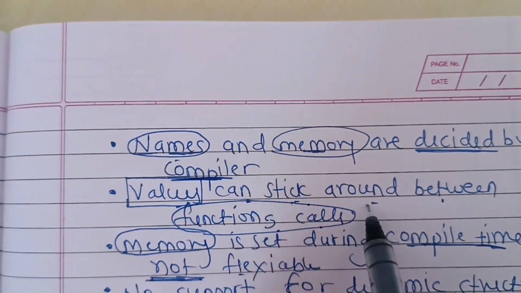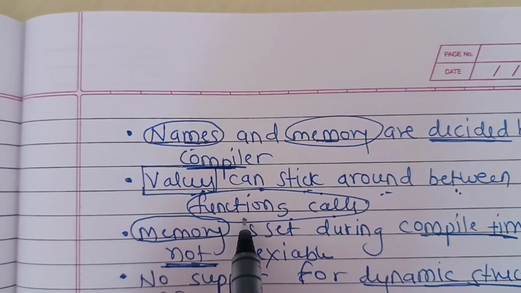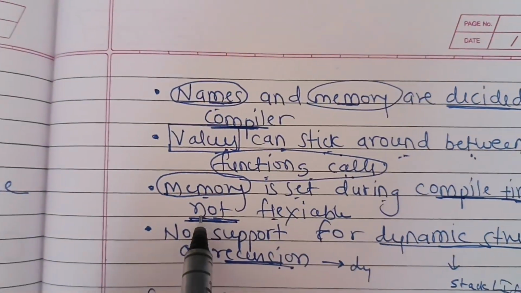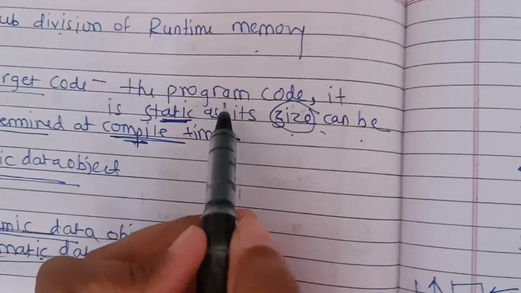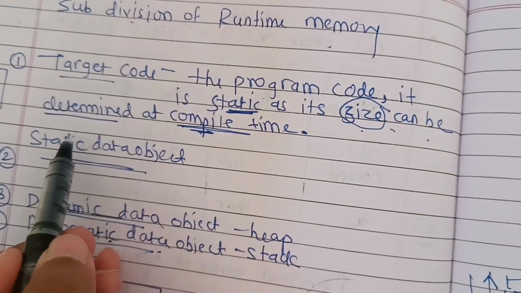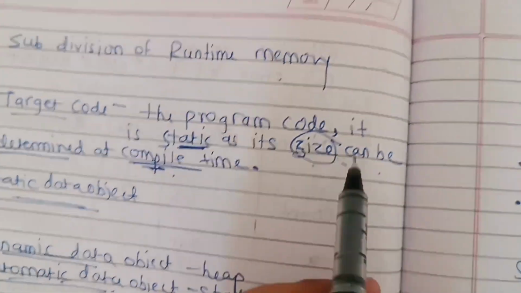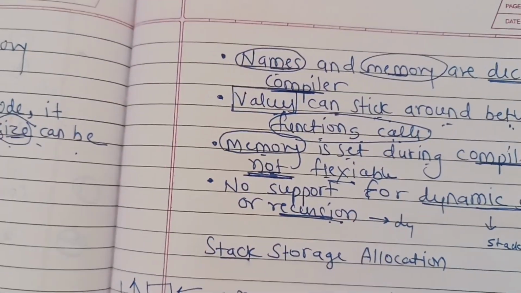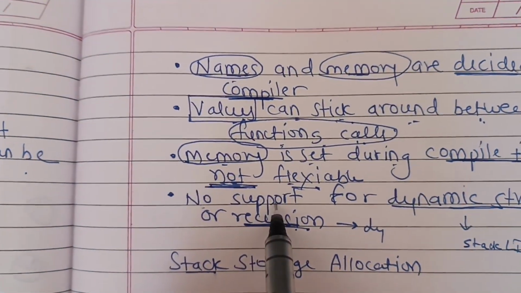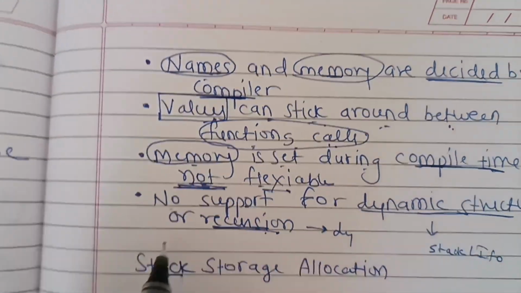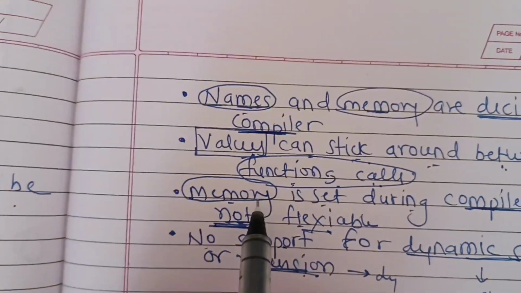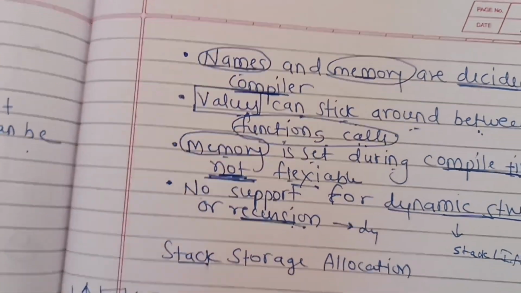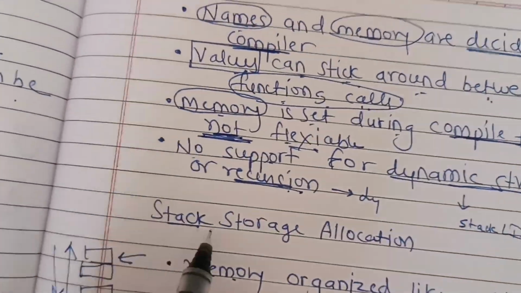Memory is set during compile time, not flexible, like the program code, where the size of the target code is determined at compile time. Just like that, in static storage allocation, there is no support for dynamic structures or recursion, because we have allocated memory which is set at compile time, and it's not flexible for further requirements.